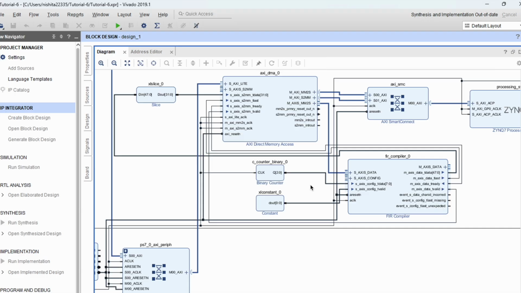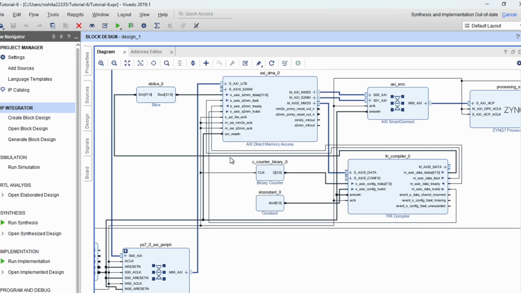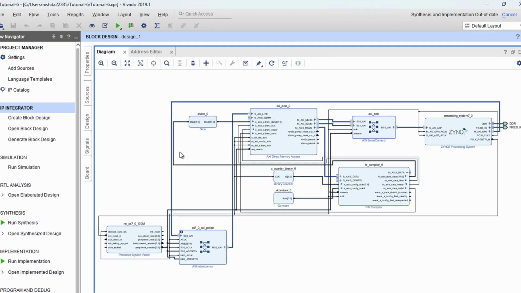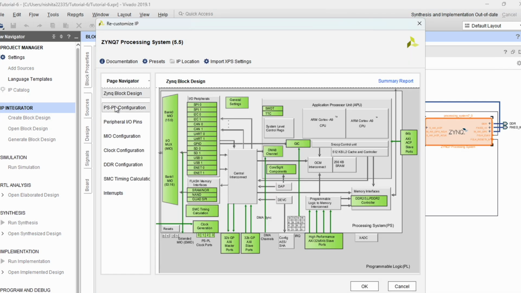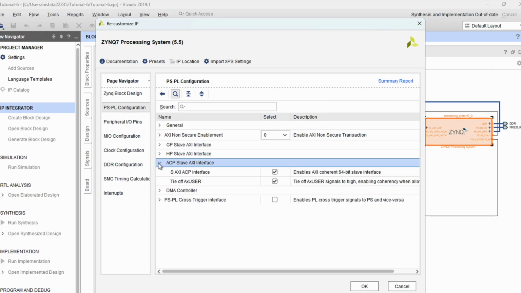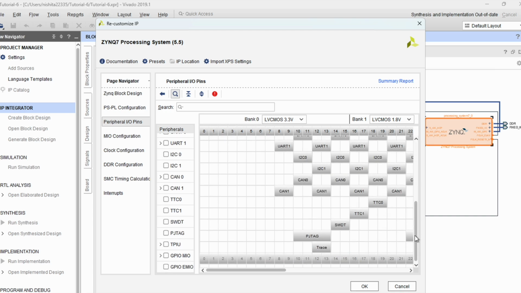Instead of redoing the design again and again and following the same exact steps, let me just show you the changes and the configurations I've done per IP. Beginning with the Zynq IP, I have enabled our ACP port and disabled all the peripheral pins.